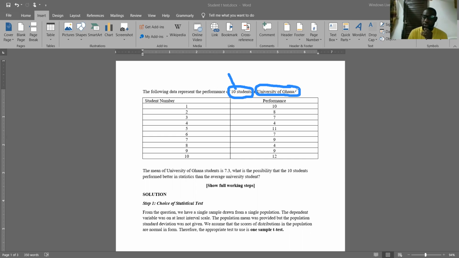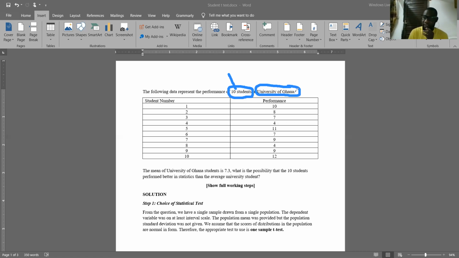So that should signal to you that we have a sample being compared with a population, meaning the first assumption has been satisfied. After you've been able to decipher this, you ask yourself, the test that I can use could either be z-test or one sample t-test. So what is the difference?